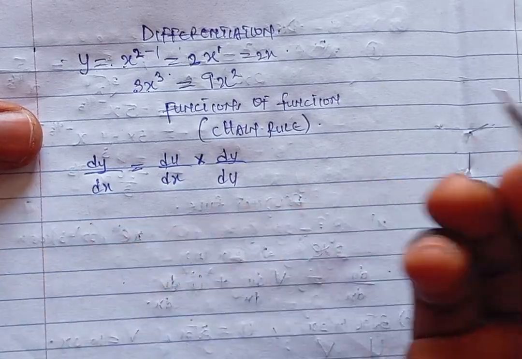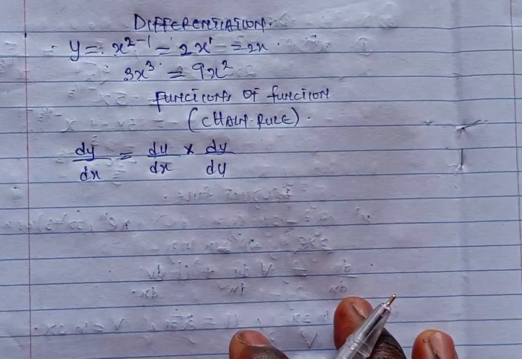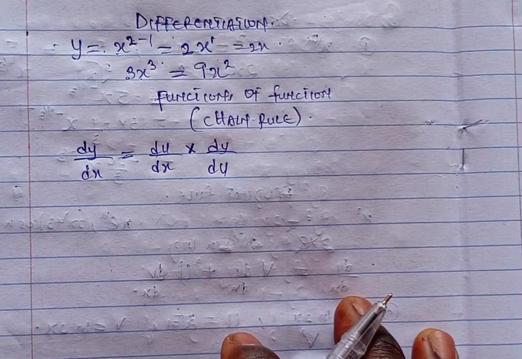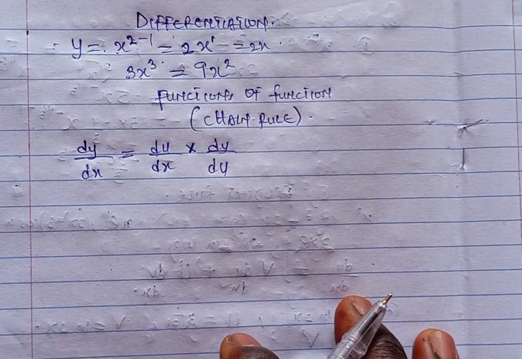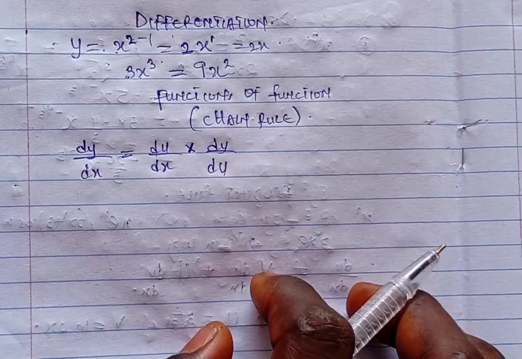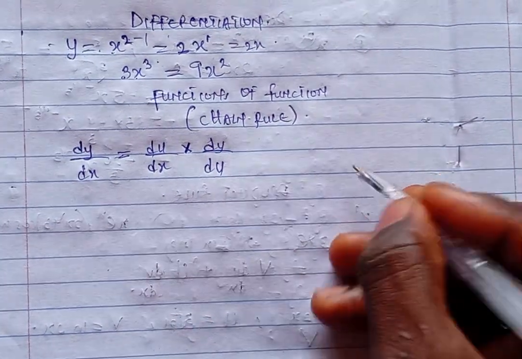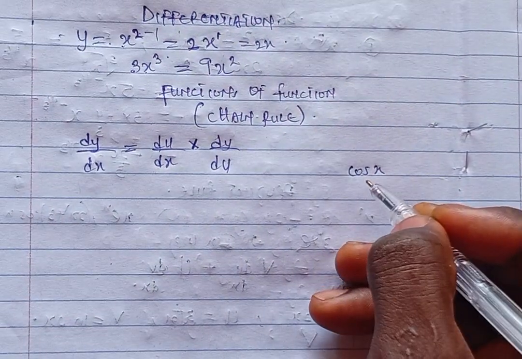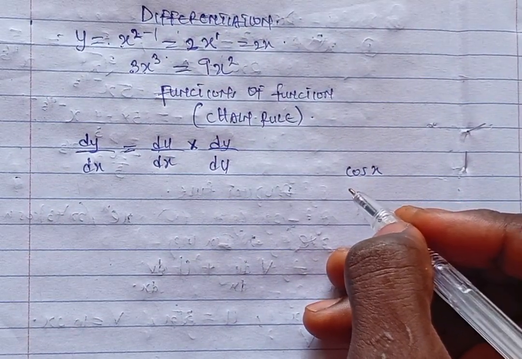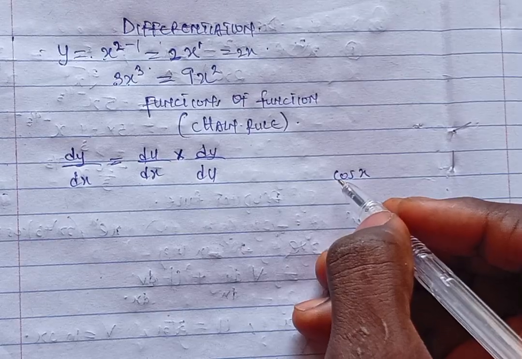How will you know that this is a question where I'm going to use function of a function? It is when, let's say, a trigonometric function. Let's say cos x. Now, cos x can easily be differentiated: the derivative of cos x is minus sine x.